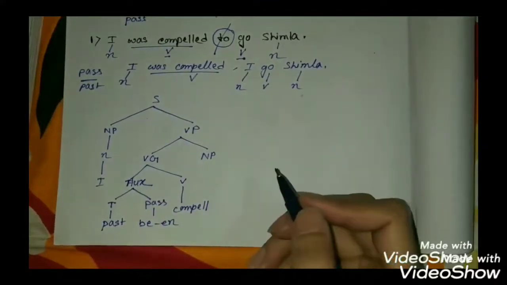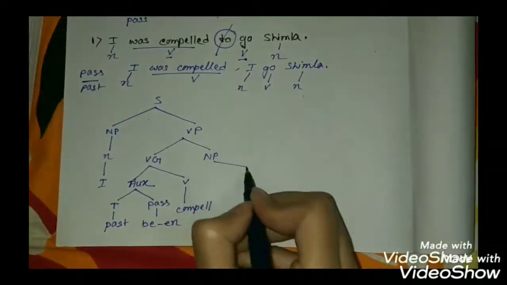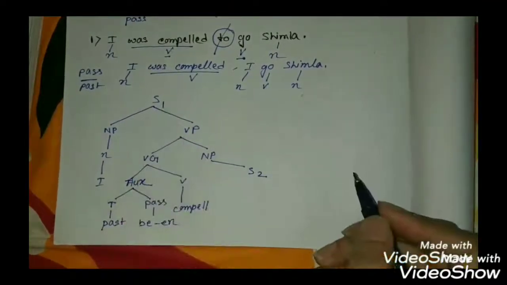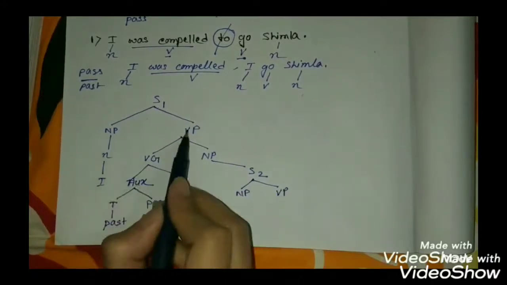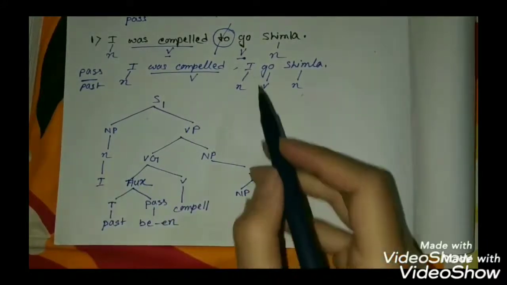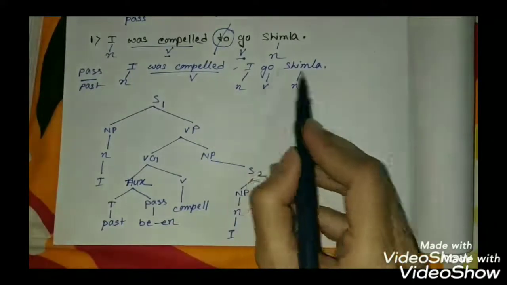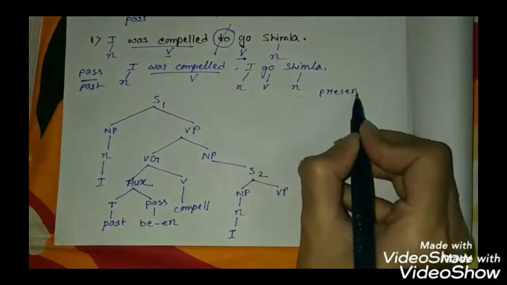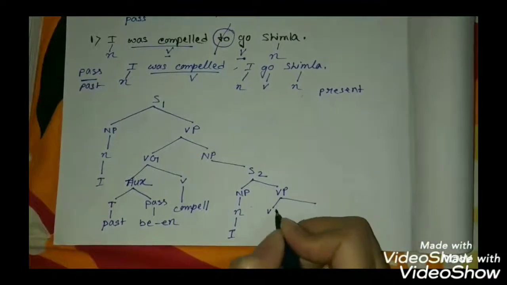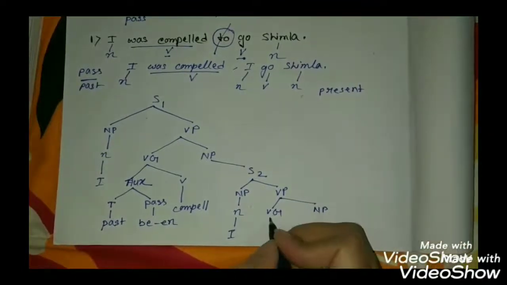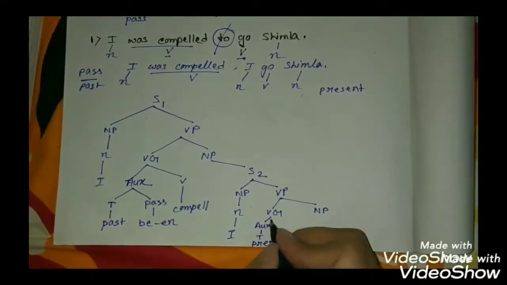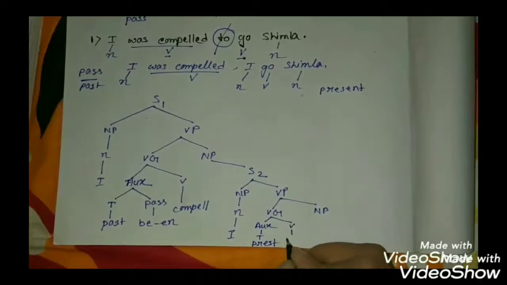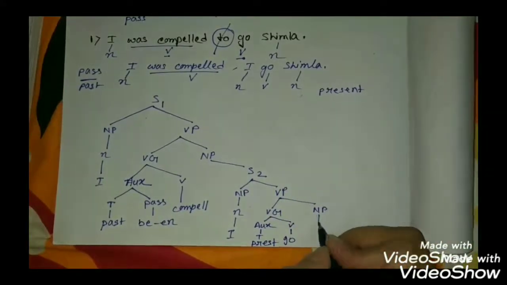Now I go Shimla is another sentence, so from NP to S2, it will be S1, therefore NP VP, same as NP VP, NP VP. So N is I, now VP it is in present tense, so VG NP, and auxiliary tense is present and verb is go and noun is Shimla.